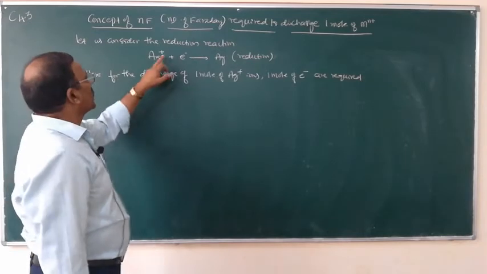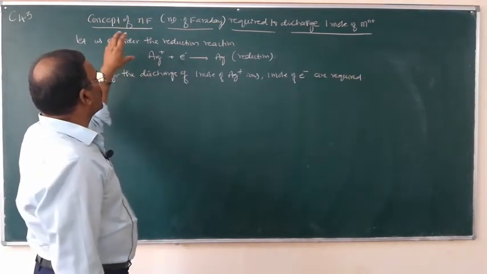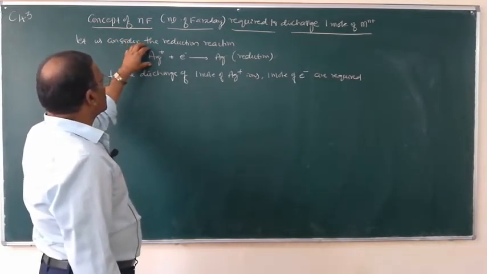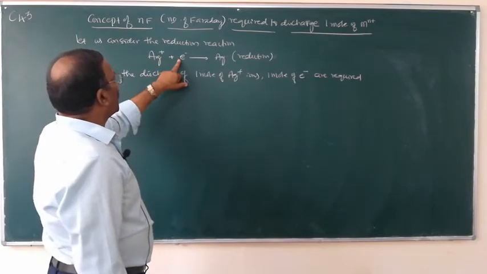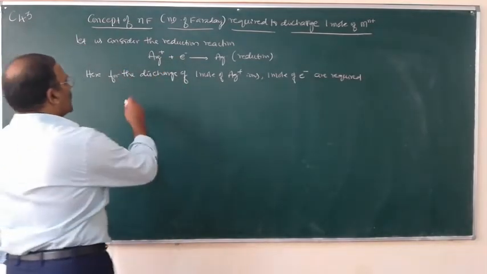To neutralize 1 positive charge, we need 1 negative charge. So for the neutralization of 1 mole of Ag plus ions, we need 1 mole of electrons.